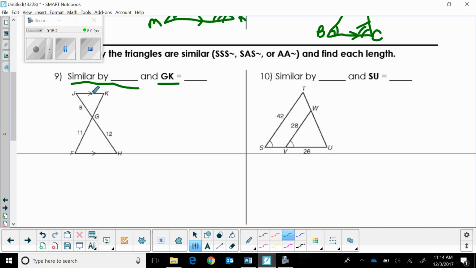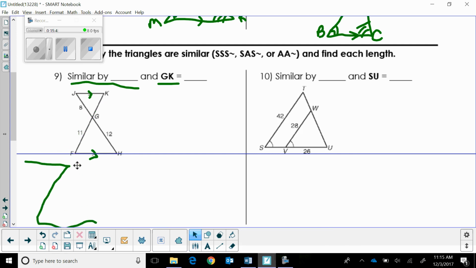Okay, let's see what we got. We got JK is parallel to FH. Okay, so that gives us what I call the famous Z, right? If I draw a Z with the top and bottom being parallel, I can get my tucked in angles, which are what? Alternate interior angles.